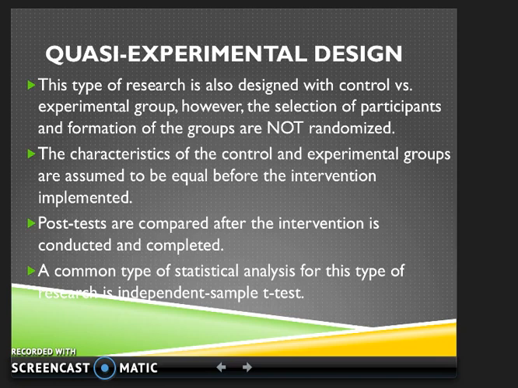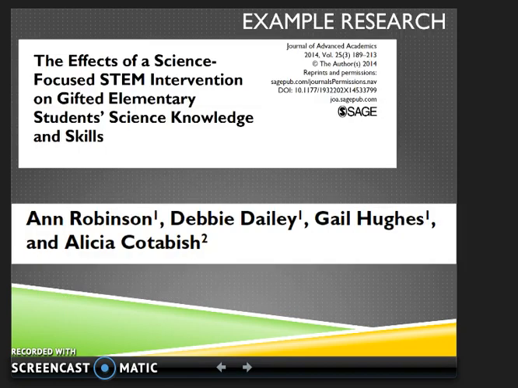Usually in this kind of control experimental groups, post-tests are compared after the intervention is conducted, and you can use independent samples t-test to conduct the statistical analysis to test the significance of the difference. This is a paper as an example of research in quasi-experimental design.